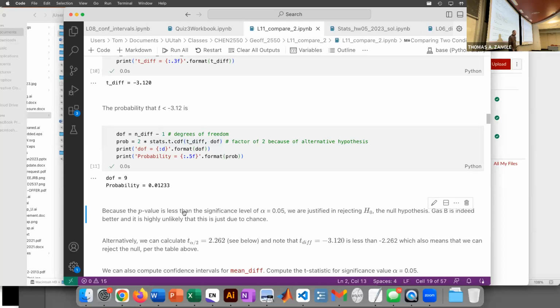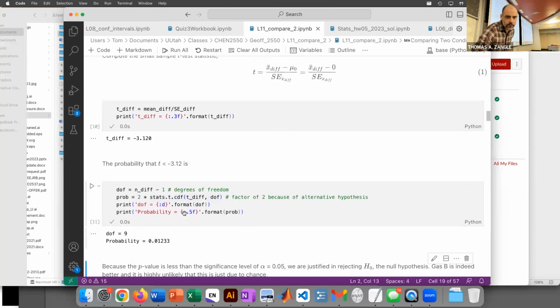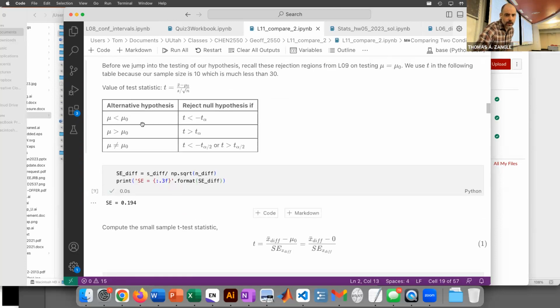And we can use this table here, scrolling up, to compare our t-statistic to the t alpha over 2.